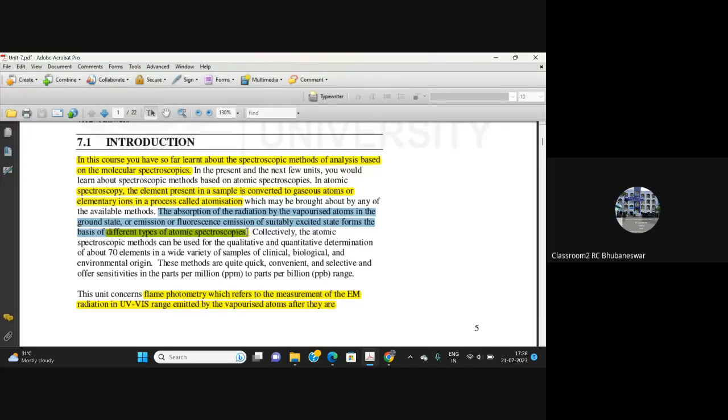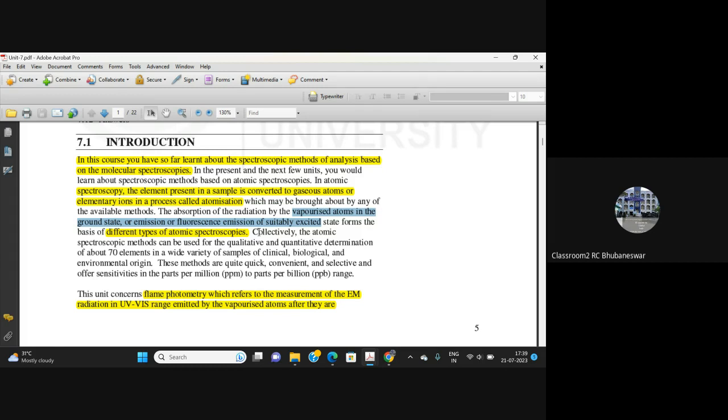So the main basis is that you do atomization, then you study it like the molecular spectroscopy you studied. There is a ground state, an excited state, an absorption process, an emission process, fluorescence; everything is here also in atomic spectroscopy. If you have not understood molecular spectroscopy, it may be a little difficult to understand atomic spectroscopy.